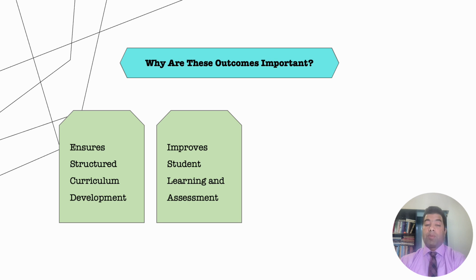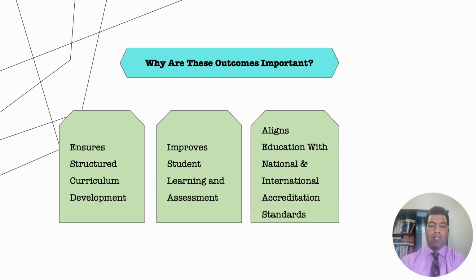Secondly, they improve student learning and assessment. If we don't have clear targets or goals in mind, as a teacher or an institution, the assessment and learning process may not be measured effectively. So it is necessary for student improvement.